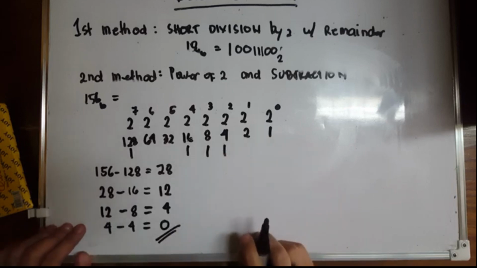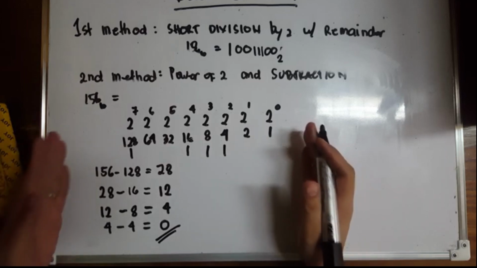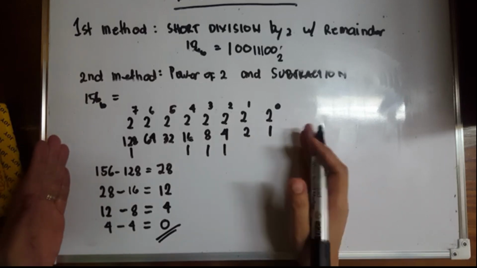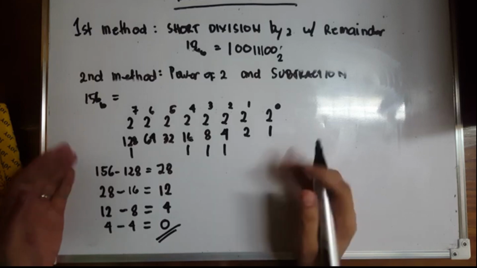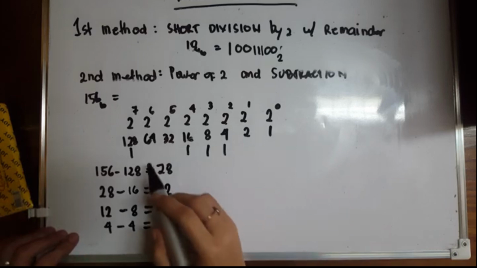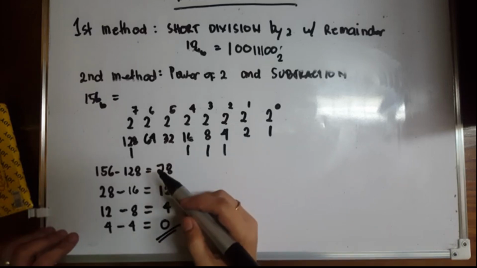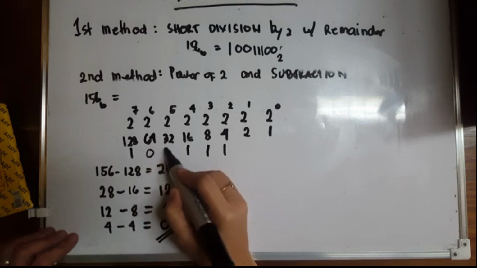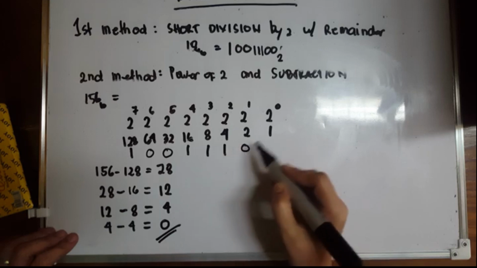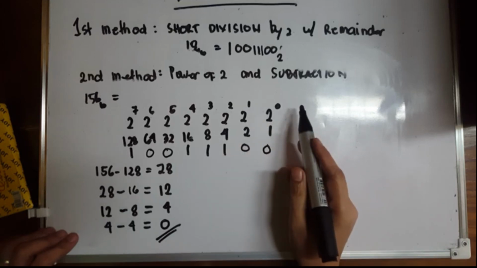Now, in order for us to get the complete combination of what will be our answer for the binary, let us put it this way. Since with 64 we don't arrive to the answer using the power of 2 and subtraction, we're gonna put here 0, so with the 32, so with the 2, and so with the 1, or the 2 to the power of 0.